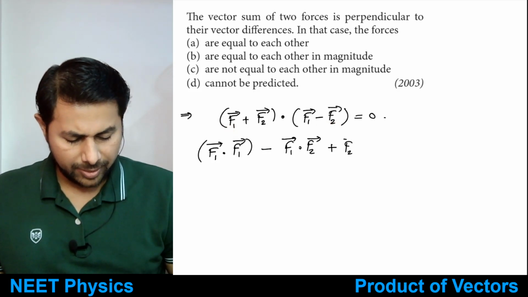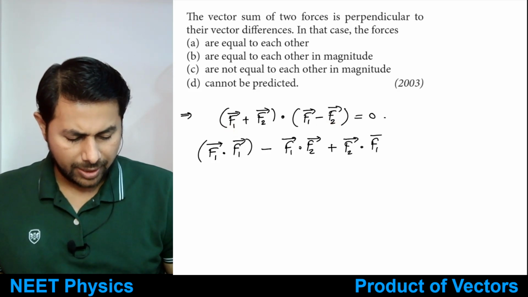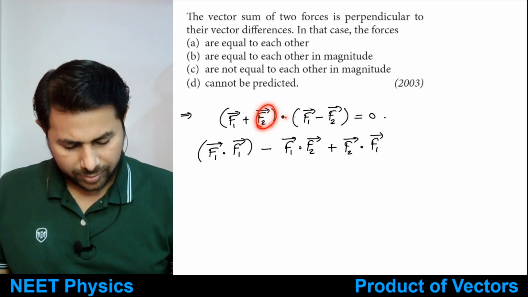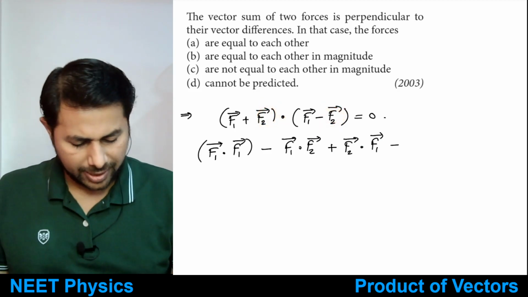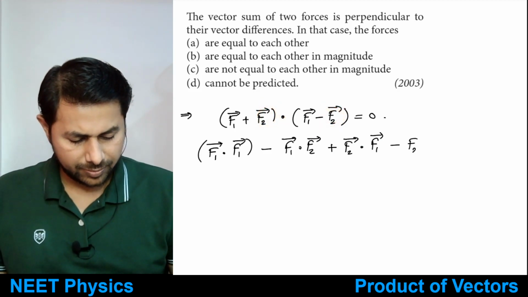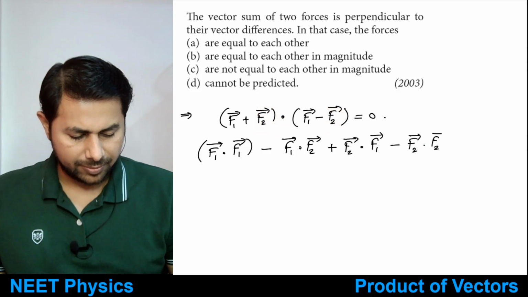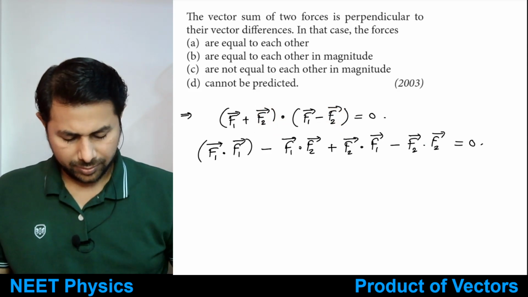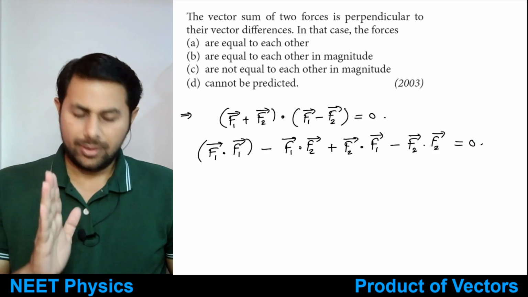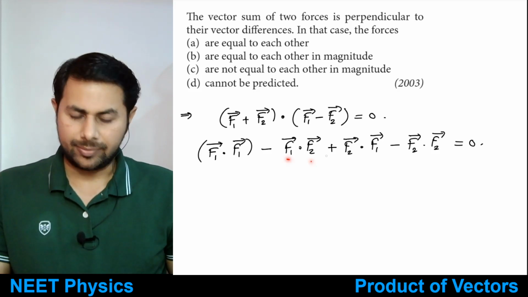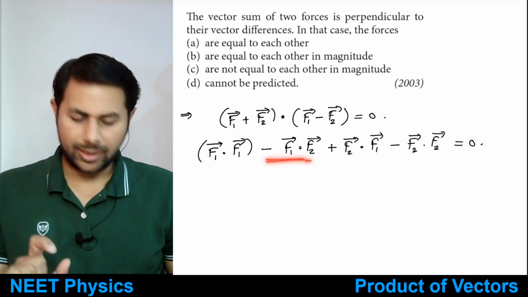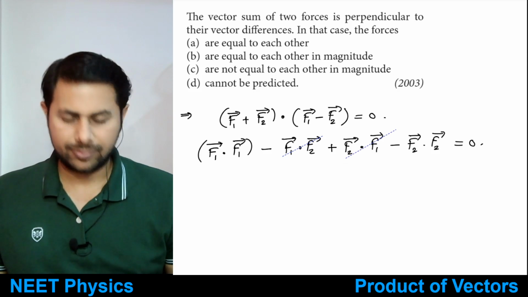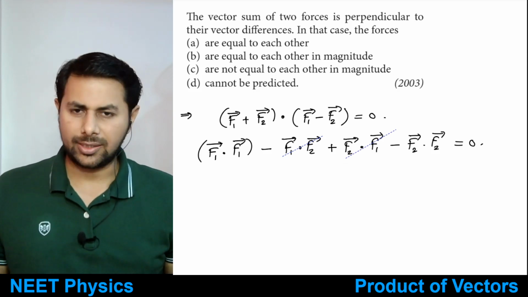Plus F2 bar dot F1 bar, and you have F2 bar dot minus F2 bar, so that is minus of F2 bar dot F2 bar. So this is negative, and here you have a positive sign, so this thing will get cancelled out.